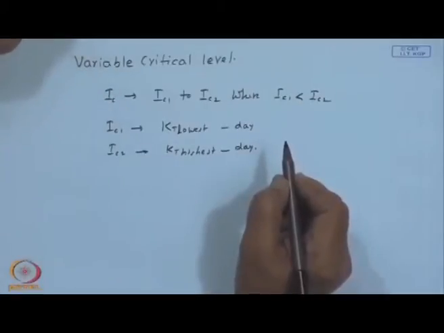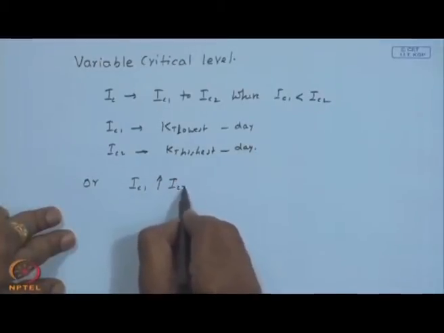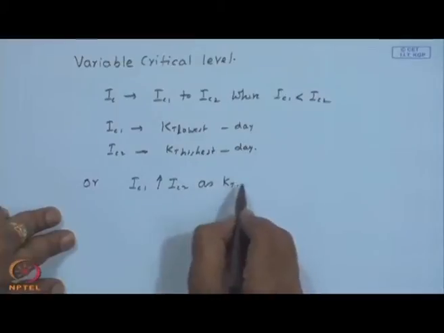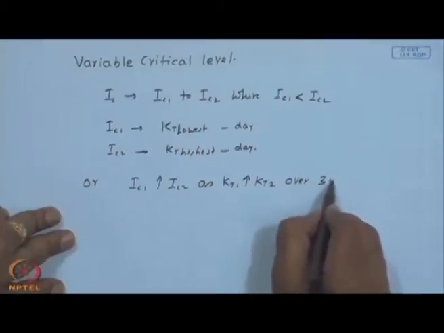In other words, broadly you may say that because of the solar radiation being higher or lower, or the ambient temperature correspondingly being higher or lower, I can have two scenarios of variable critical level, varying from minimum value to maximum value, changing monotonically with the clearness index distribution for that particular month. That is, IC 1 increasing to IC 2 as KT 1 increases to KT 2 over 30 or 31 days.